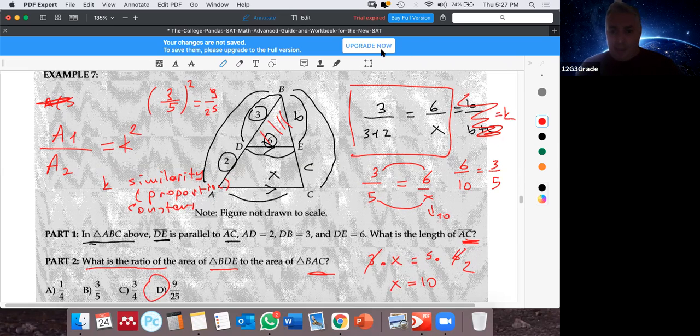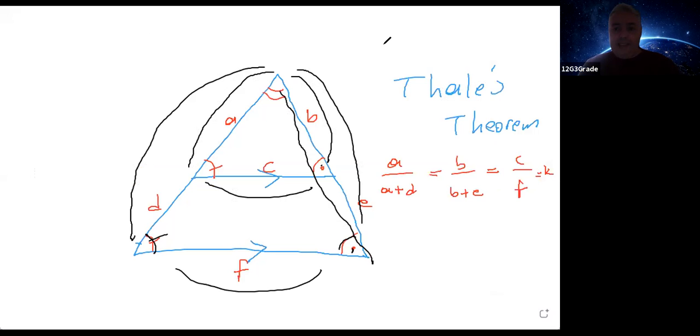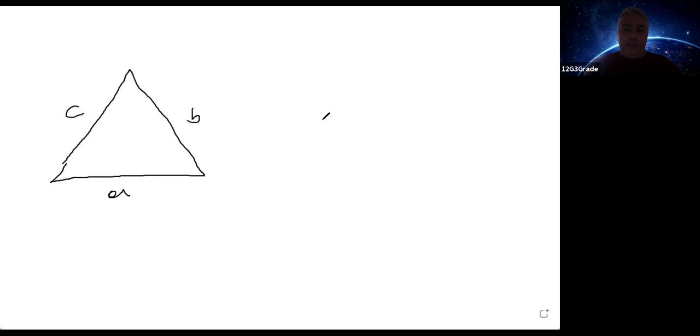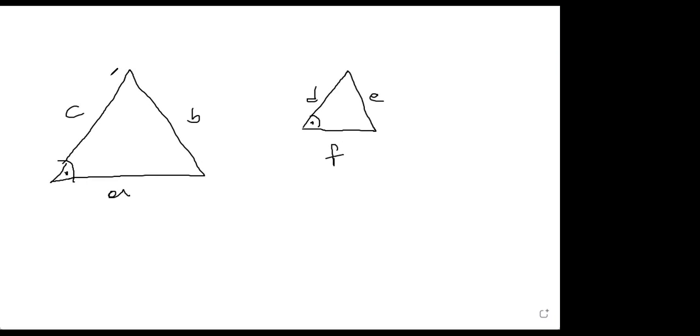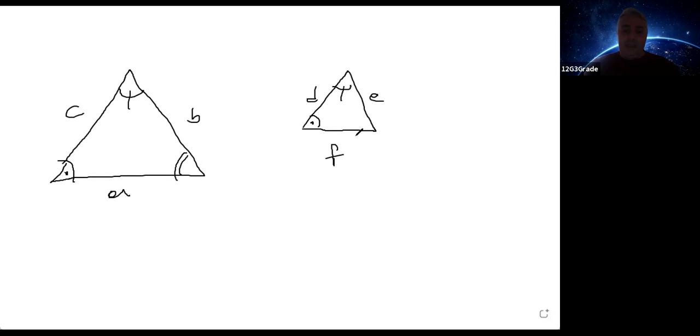So to sum up, I want to draw again something. This is triangle ABC. This is triangle DEF. So angles, let me mark this, this, this, this, this, this. Now be careful.